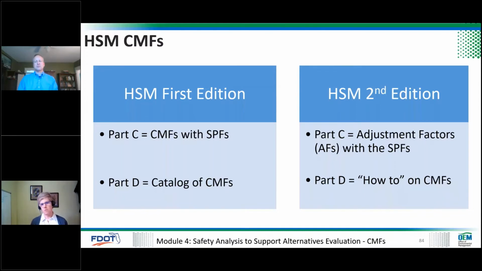Some of them are also in Part D, but those in Part C are to be used specifically with those SPFs. We're going to try and address that confusion with the second edition. The CMFs for Part C will be called adjustment factors. So a couple of nuggets about what is coming in the second edition.